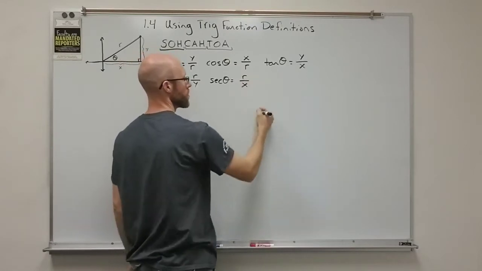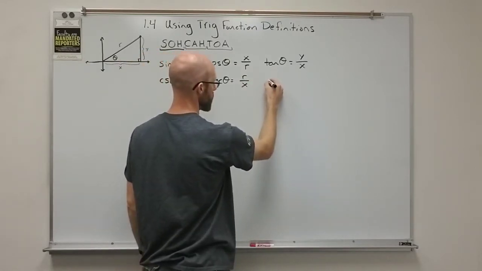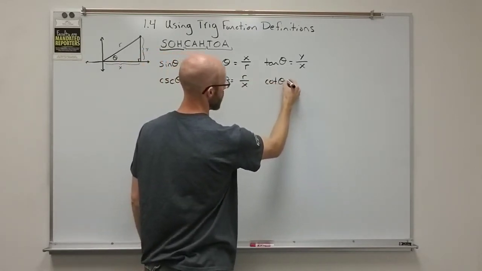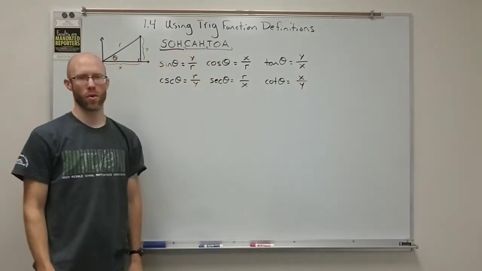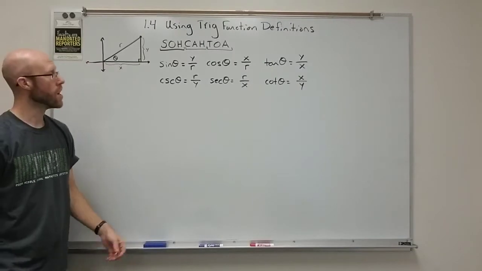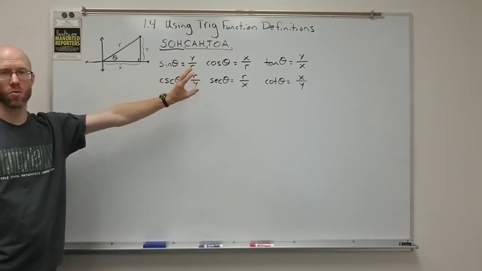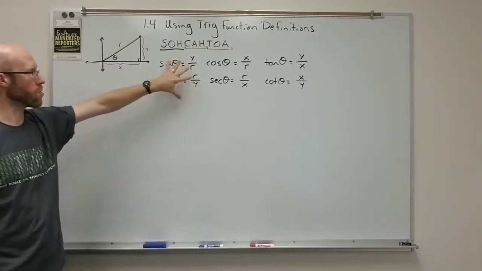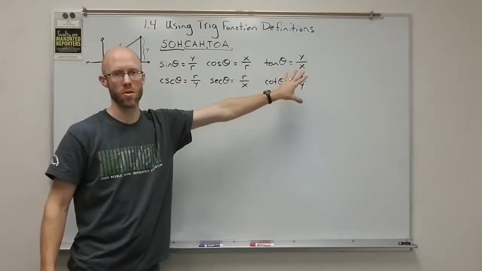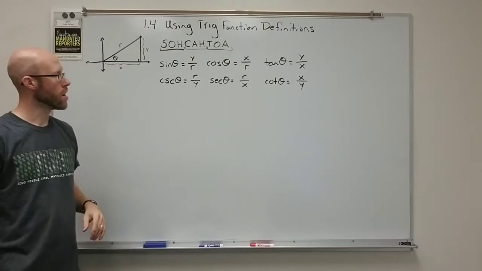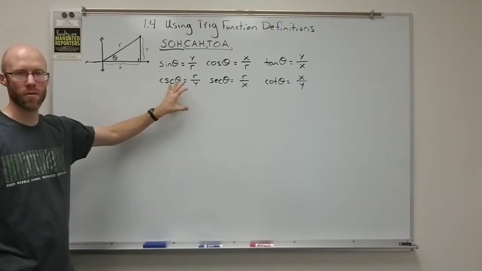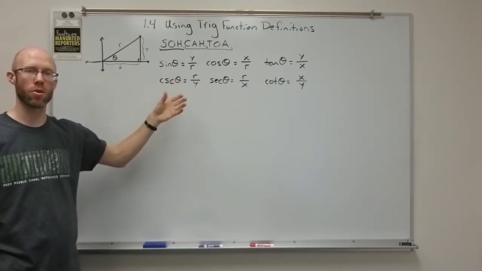And the reciprocal of the tangent, we call it the cotangent, which was x over y. Okay, those are all the reciprocals. Now, because of these definitions, the way they're written, these are all the possible combinations of sides of the triangle, okay? But because of these definitions, we have what we call reciprocal identities.